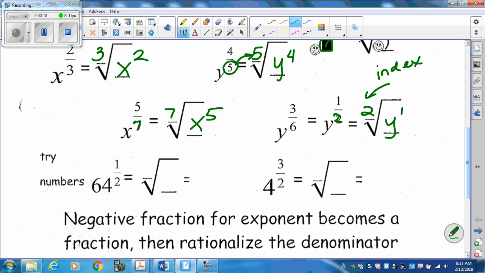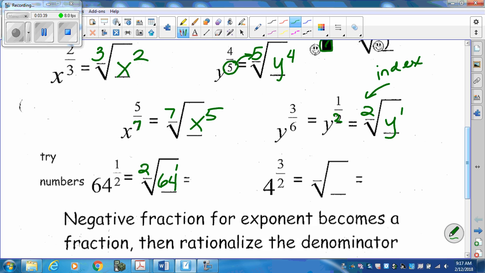So if I have 64 to the 1/2 power, the 2 is the root, or the index, and then I have 64 on the inside, and that's to the first power, so that's just 64.